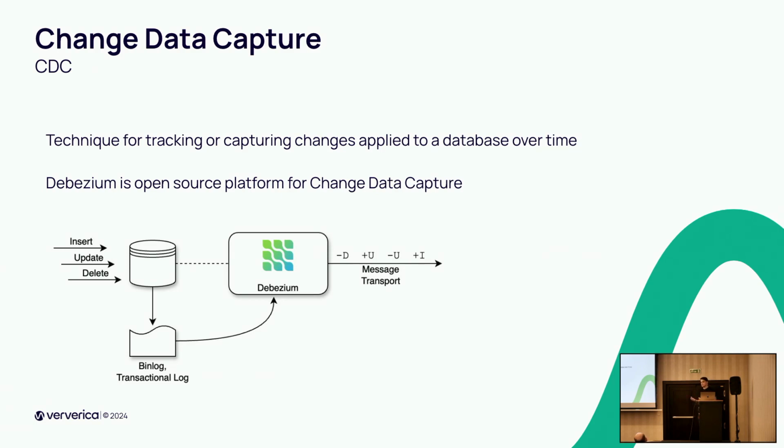In MySQL, it's called the bin log file. In Postgres, it's a transactional log file. And so with CDC, you don't have to wait until your database is complete and do some bulk processing. Instead, you can observe all the changes happening to your data in real time and send them into the downstream data processing pipelines in real time and do your analytics there.